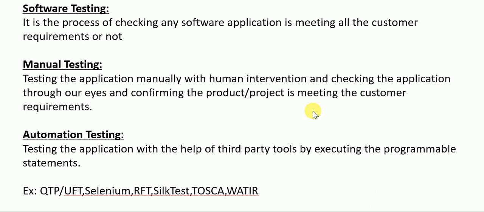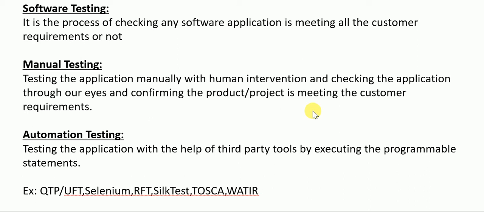So there are two streams nowadays, manual testing and automation testing. Manual testing is testing the application manually with your eyes, checking everything. Automation testing is where, with the help of a tool, you perform all the actions. The tool will show you results like how many passed, how many failed and so on.